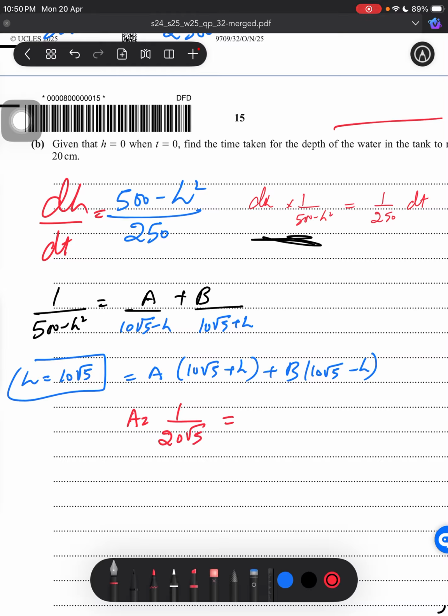So the value a would turn out to be, by rationalizing a little bit, root 5 over 100.